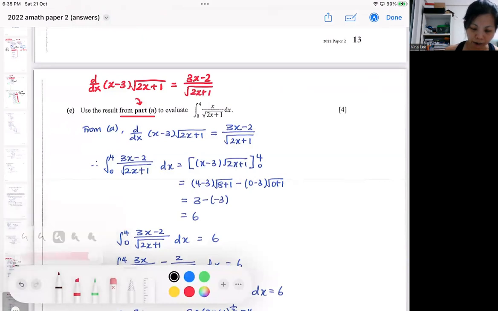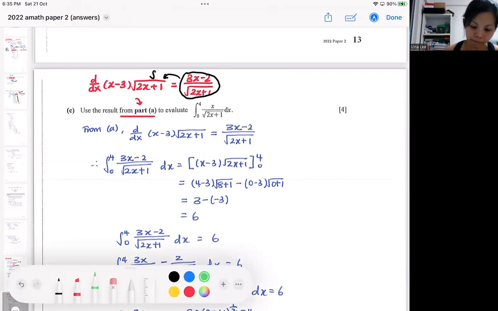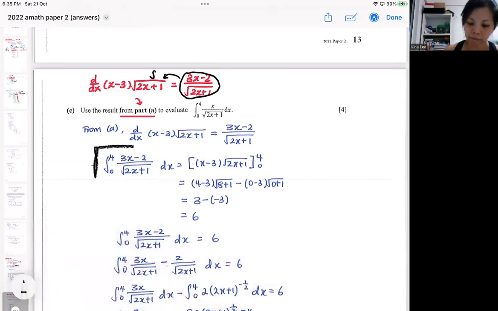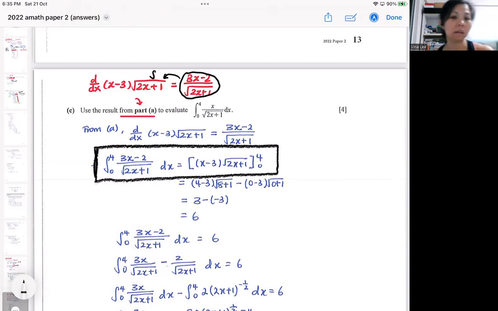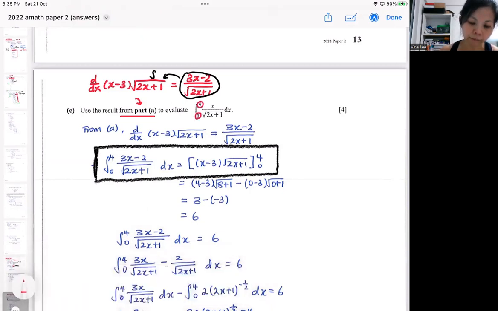So now I'm going to target the integration. So I'm going to integrate back. That is the only way. So that's why I will have this portion here. So when I apply the reverse, I also apply my definite integral at the same time because the question is asking for a definite integral.